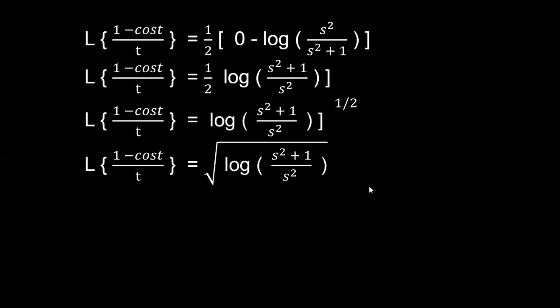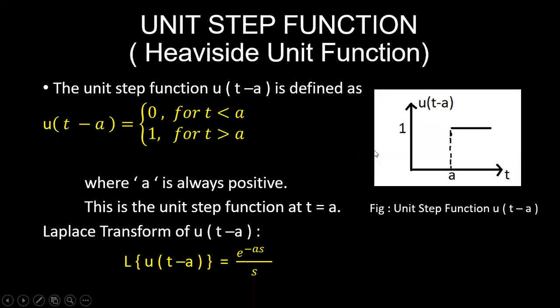Now we'll go for one more method, that is the unit step function, which is derived from the Heaviside unit step function. So what is this Heaviside unit step function, or simply unit step function? The unit step function u of t minus a is defined as follows.